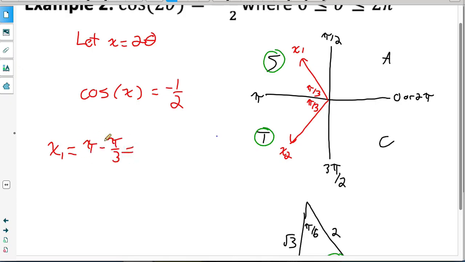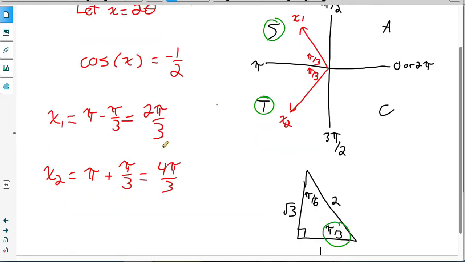So 3 pi over 3 minus 1 pi over 3, that's 2 pi over 3. And now let's calculate x2. I went a full pi and then another pi over 3. So do pi plus pi over 3 for this one. Pi plus pi over 3. So that gives me 4 pi over 3. So I have my two angles that have a cosine ratio of negative a half.